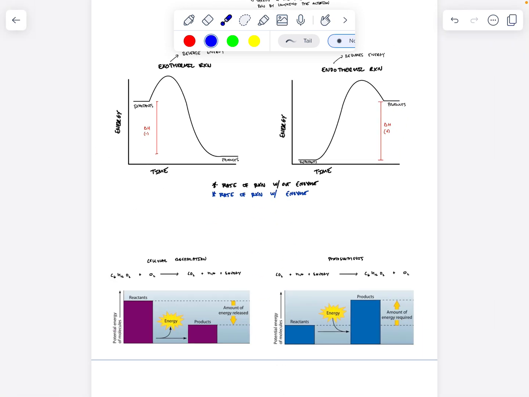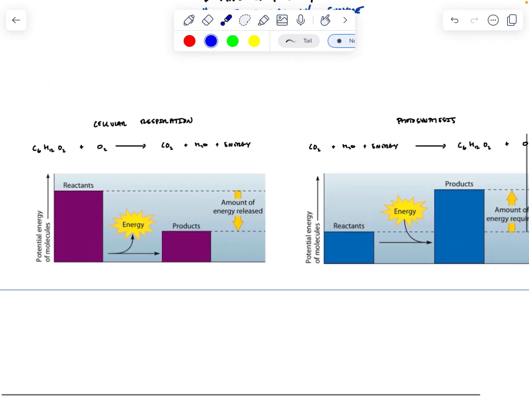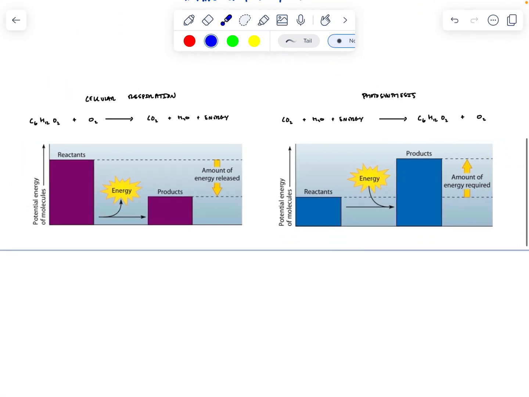Two major classes of reactions, exothermic and endothermic, and two really important reactions fall under those two categories. So cellular respiration and photosynthesis are the two big cellular processes that we're going to spend a pretty good chunk of time in the winter talking about.